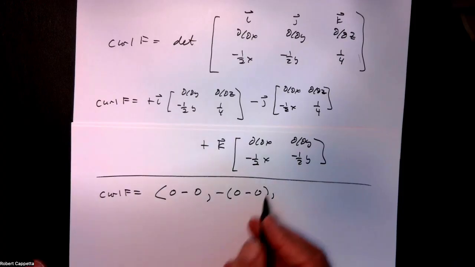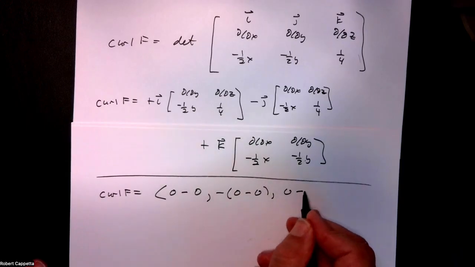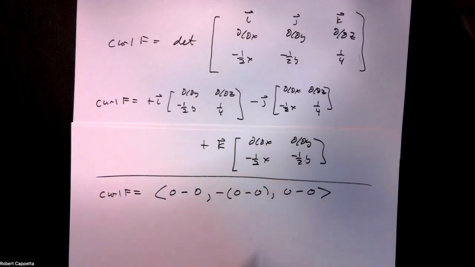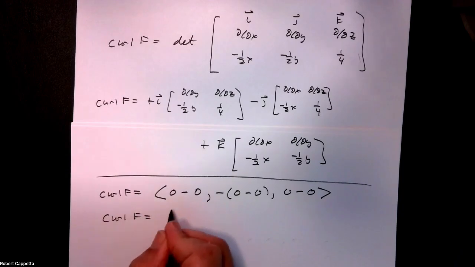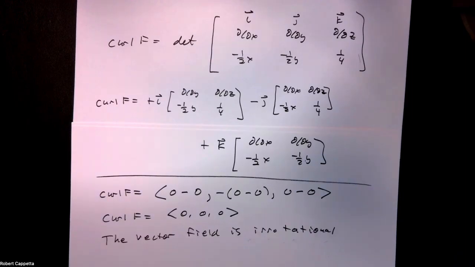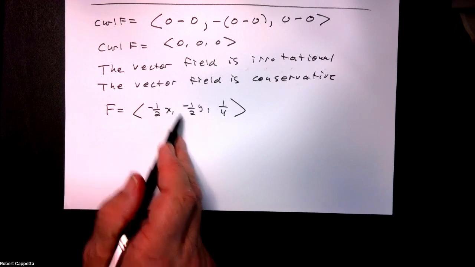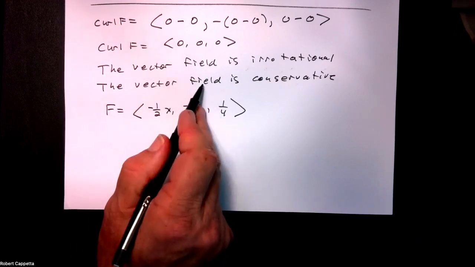And then in the k direction, partial with respect to x of negative 1/2 y, 0, minus partial with respect to y of negative 1/2 x, that's 0. Curl F is the zero vector, (0, 0, 0), which means the vector field is irrotational, or equivalently, the vector field is conservative. Again, curl is 0, it's irrotational, it's conservative.